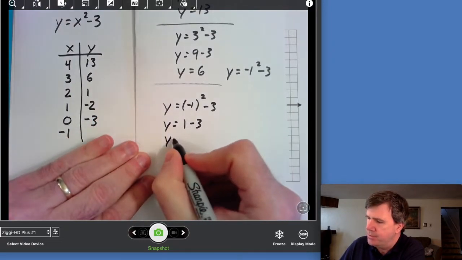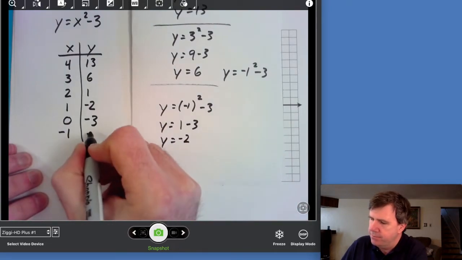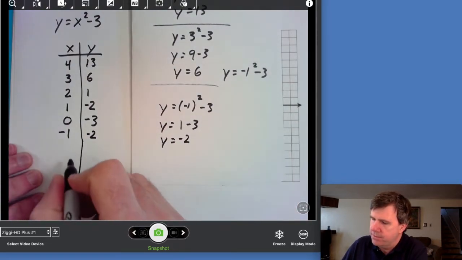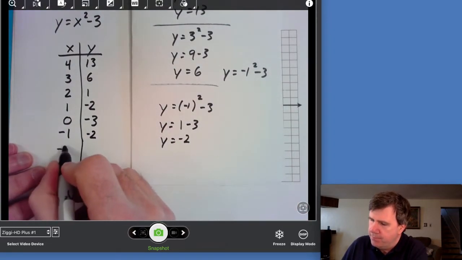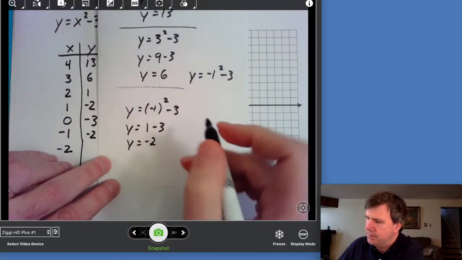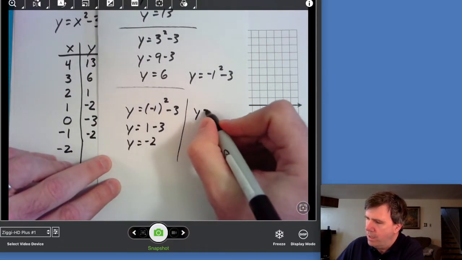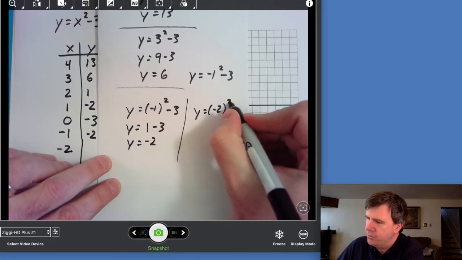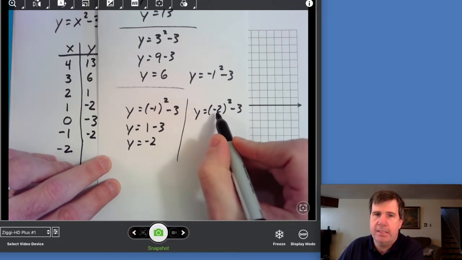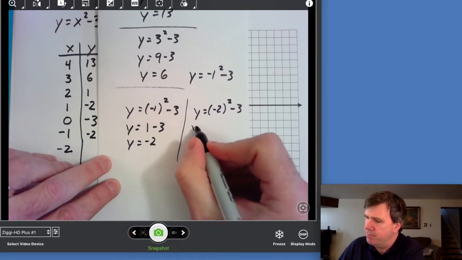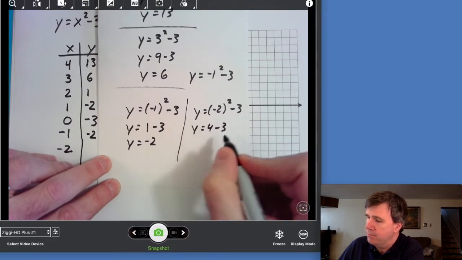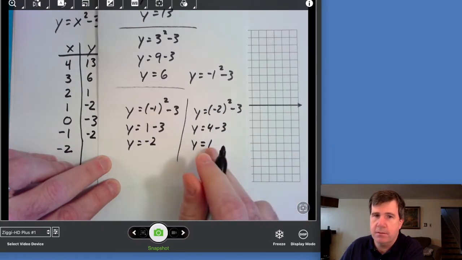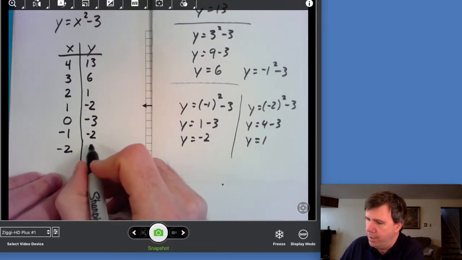Minus 3 is negative 2. Negative 2. So we're going to have y equals negative 2 squared minus 3. Negative 2 times negative 2 is positive 4 minus 3. And 4 minus 3 is 1.